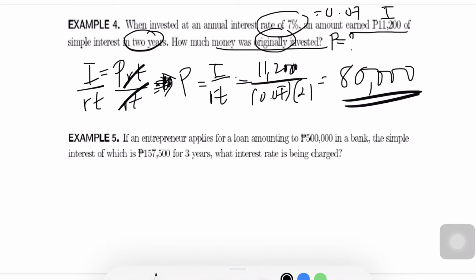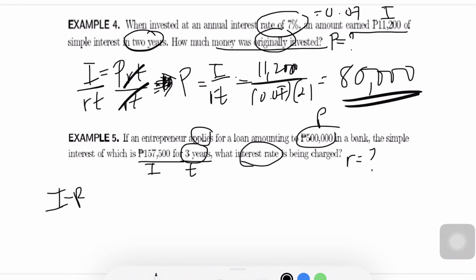Number 5. If an entrepreneur applies for a loan amounting to 500,000 in a bank, the simple interest of which is 157,500 for 3 years. So this is the interest and this is the time, and the loan is your principal. So what interest rate? The unknown here is R. I equals PRT, so divide by PT.